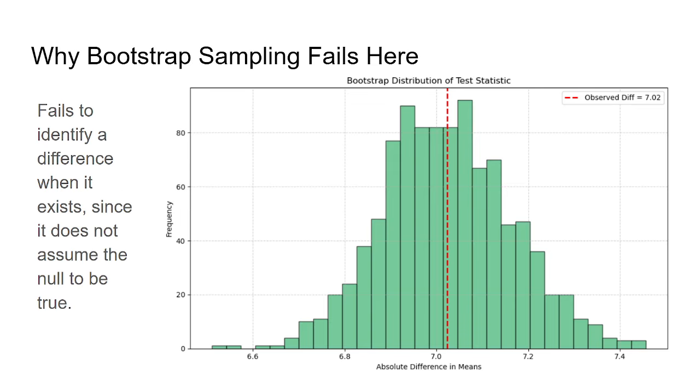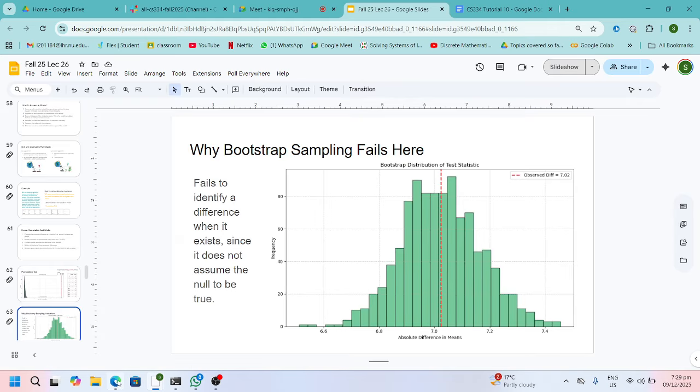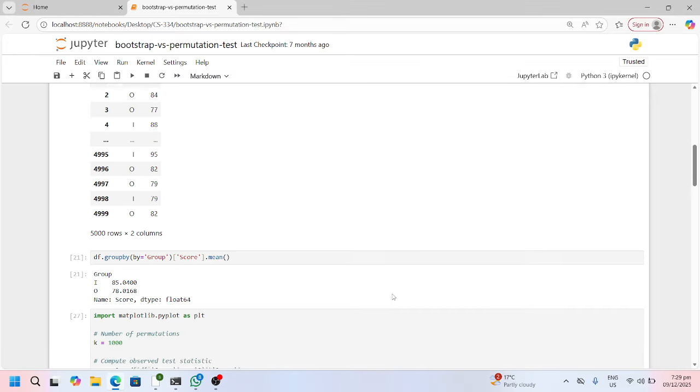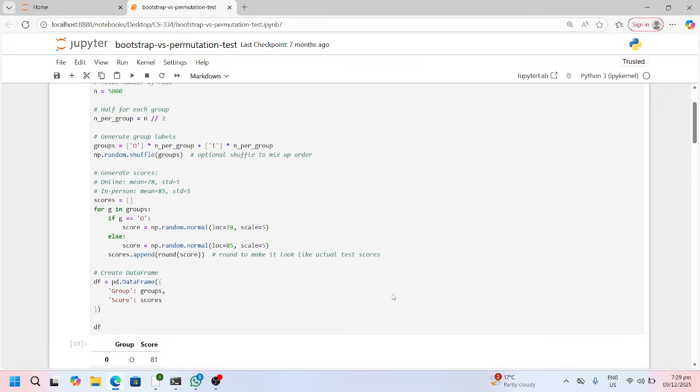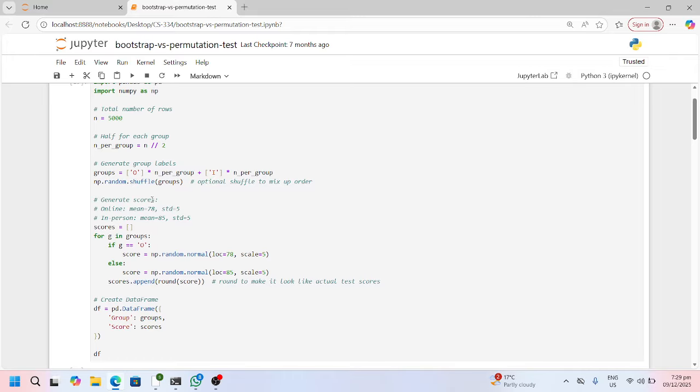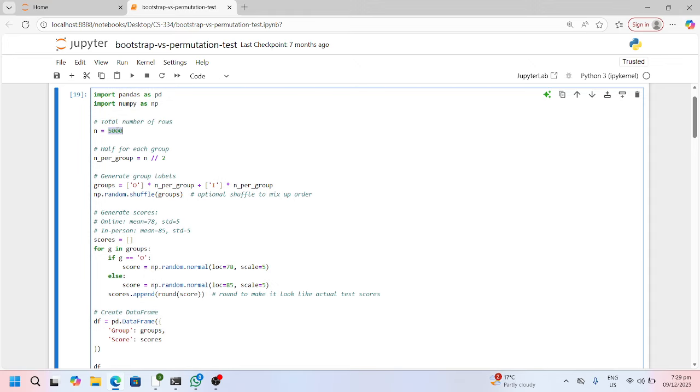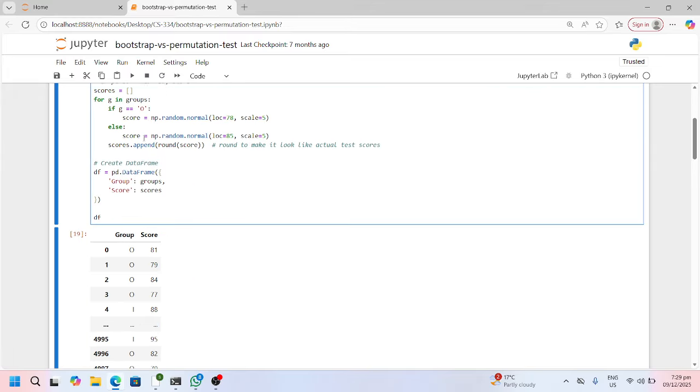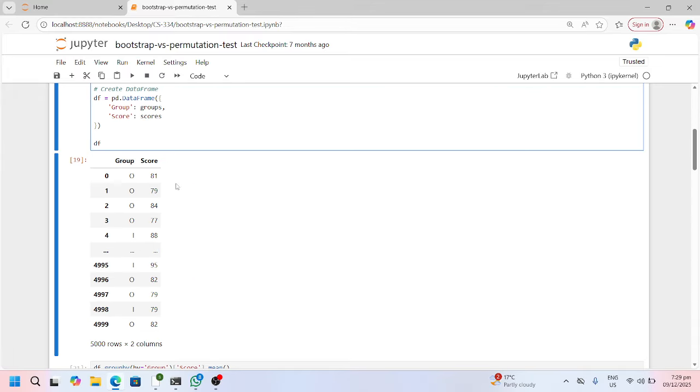The same thing that was in your original data is reflected in this distribution. We will not go into the detail of this code, but I will show you over here as well. I generated 5,000 rows in this format.